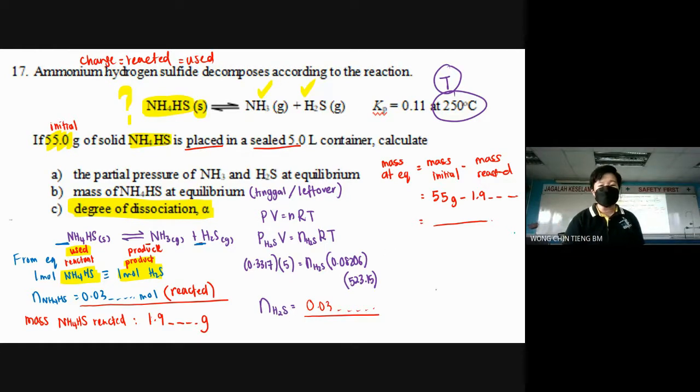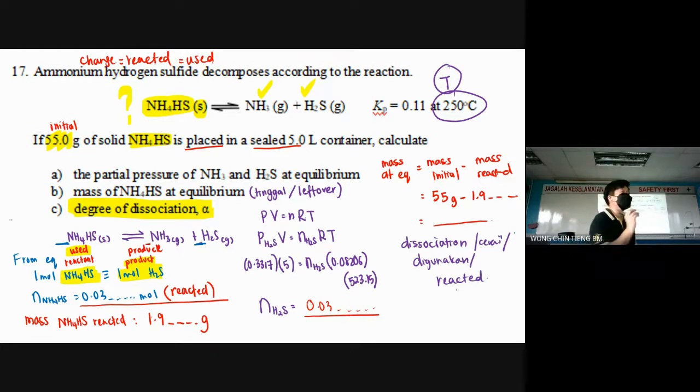Because the word dissociation represent apa yang saya cakap tadi dalam kuliah, benda tu cerai, ataupun bahasa senang dia, benda tu digunakan, ataupun proper word, reactant. So, degree of dissociation kalau keluar, dia akan tanya untuk reactant.